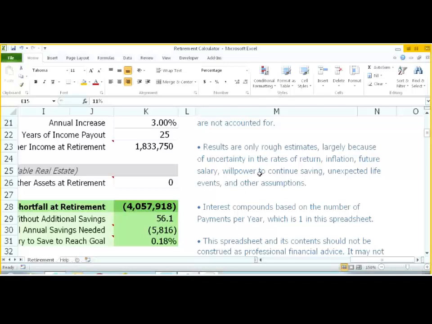So there's a lot of variability. You might get lucky and inflation's low and the stock market's good and you don't have any huge costs in your life, and you may luck out. Or you may have the other side of the thing and you don't luck out, and you really can't predict. Life is uncertain.